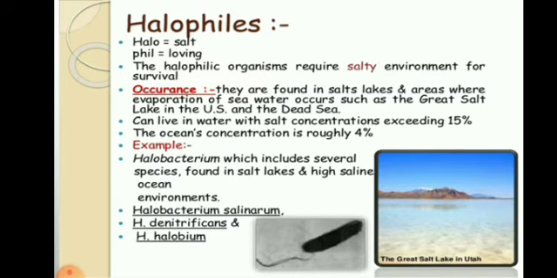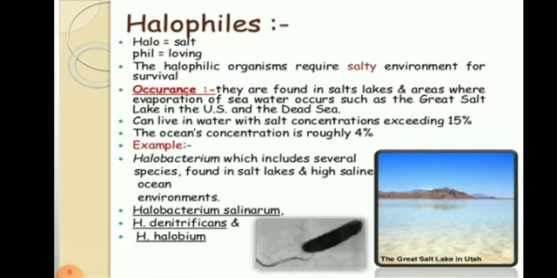Then we'll see halophiles. Halo means salt, philes means lover. So they require a salty environment for survival. They are found in all salt lake areas with evaporation of seawater, such as the Great Salt Lake in the USA and the Dead Sea.